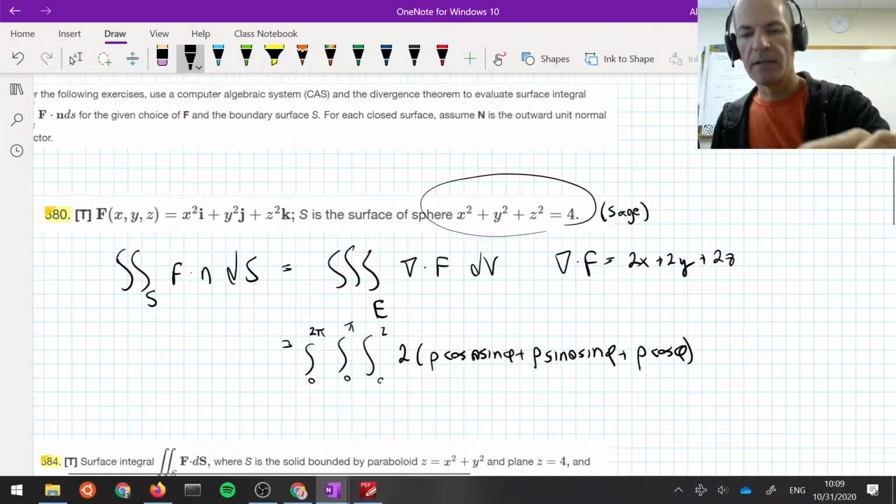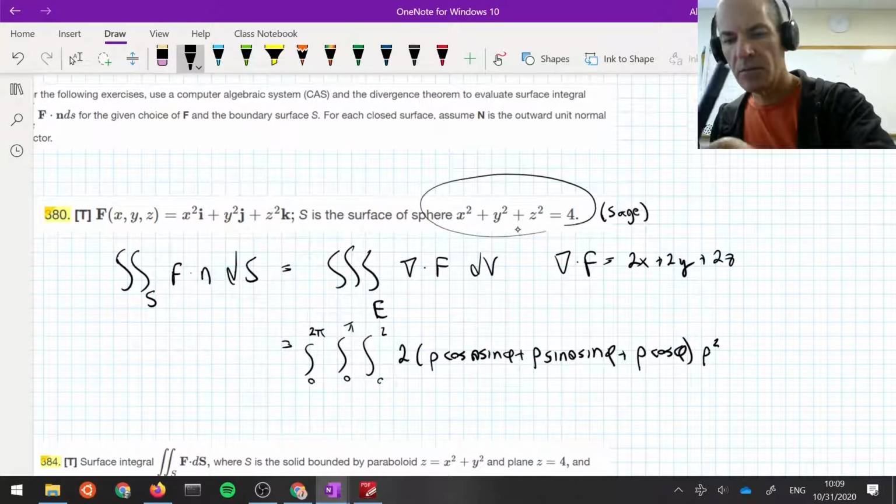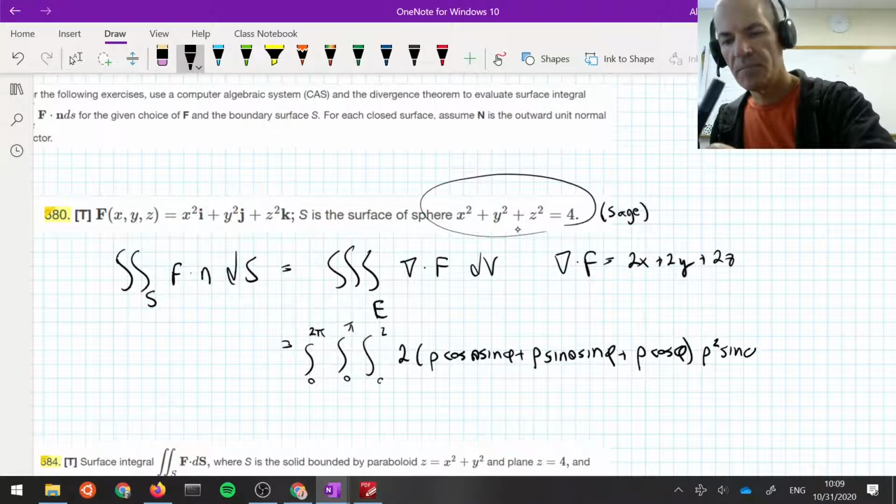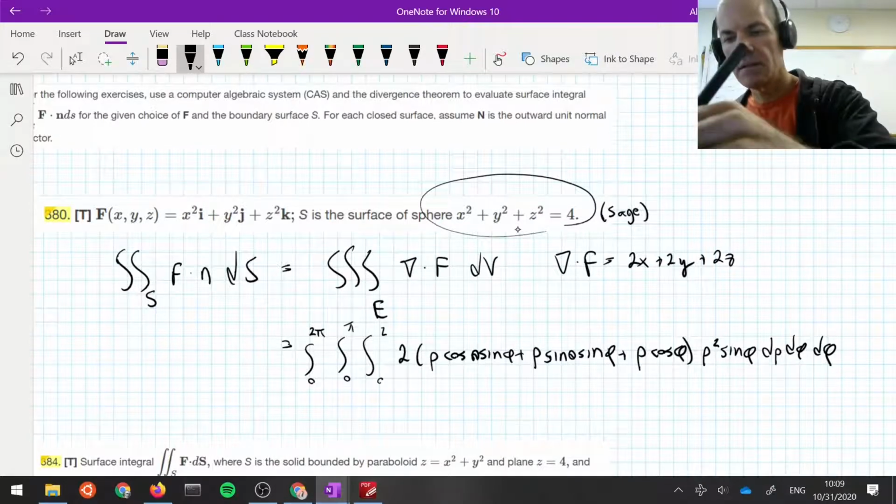And then don't forget the Jacobian, rho squared sine phi d rho d phi d theta.